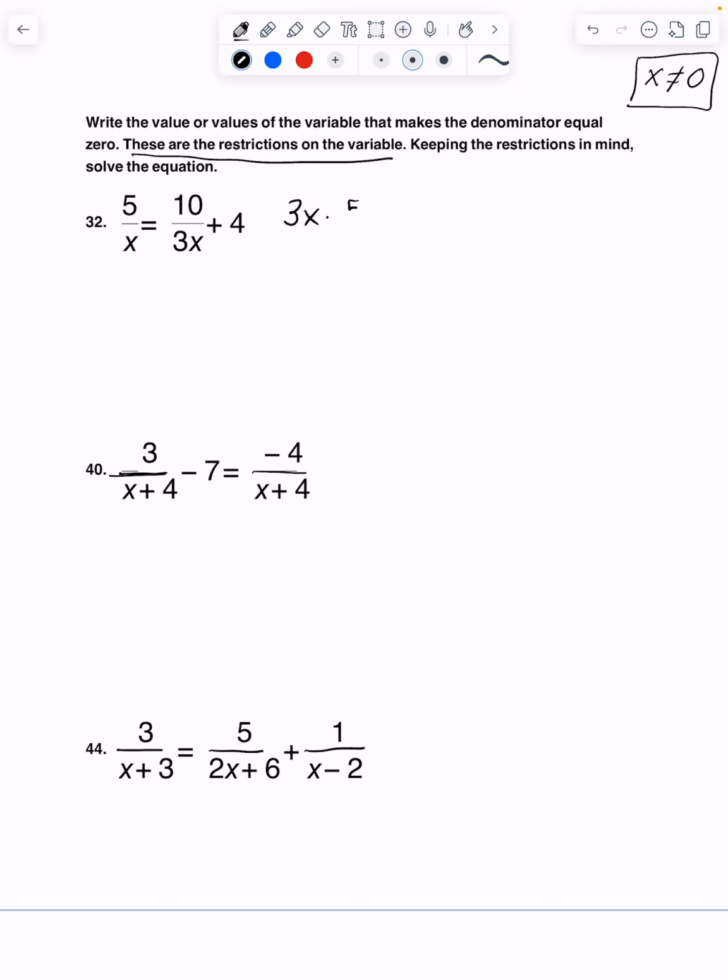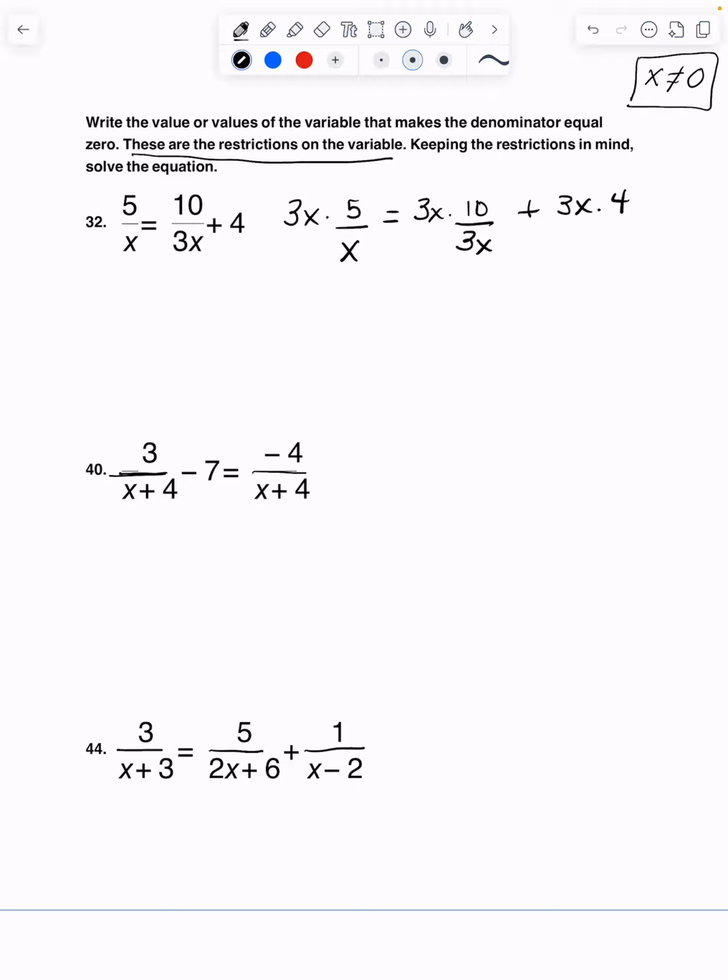So I'm going to multiply 3x by every term, whether it is a fraction or whether it's not a fraction. What we're doing here is using a very basic principle in math: as long as I multiply one side of the equation by something and I multiply the other side by the exact same thing, that equation maintains its balance.